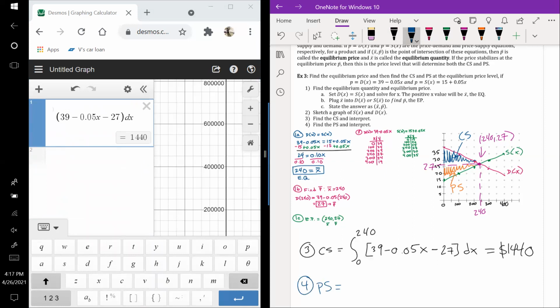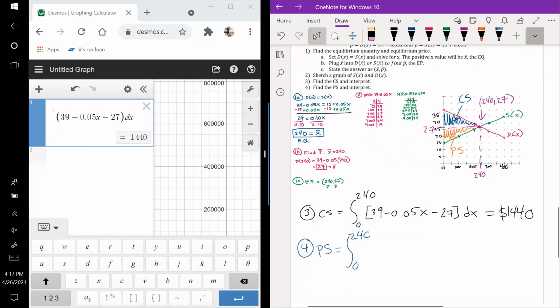And then 4, producer surplus: the integral from 0 to 240 of p bar, which is 27, minus s of x, which is 15 plus 0.05x, dx.